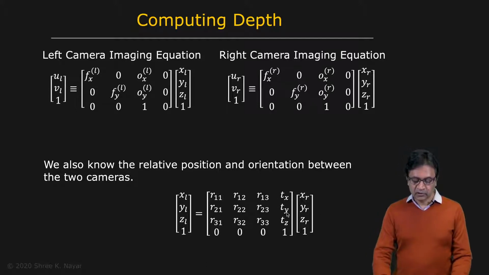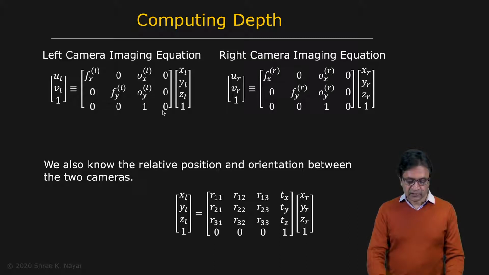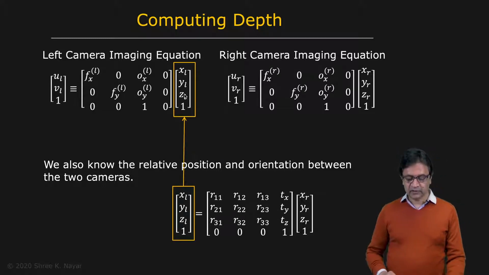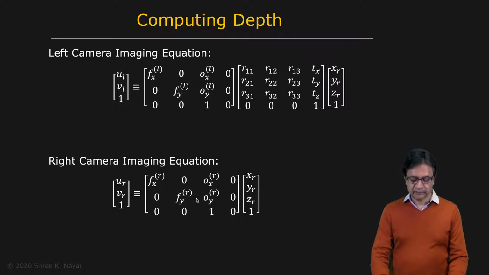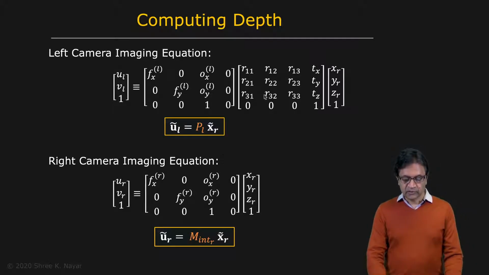So what we're going to do is, for the left camera imaging equation, we're going to take the right-hand side of this equation and substitute for XL right here. So that gives us this left camera imaging equation. And we keep the right camera imaging equation the same. So this can be rewritten as UL equal to PL.